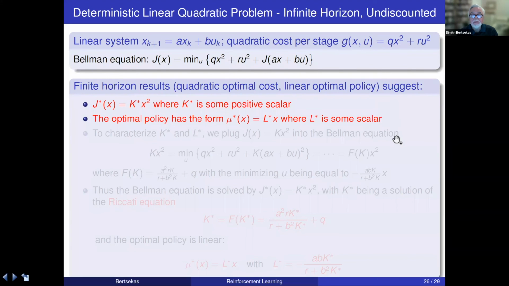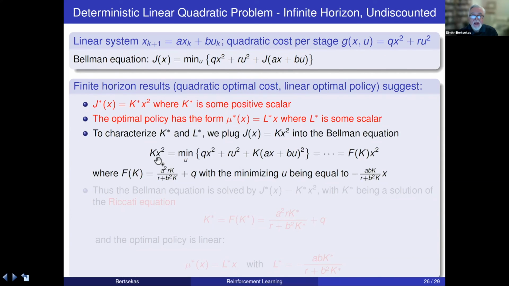And now, how do we characterize this K*? Well, we plug into the Bellman equation. Now here's the Bellman equation for J(x) being the generic quadratic K x^2, where K is any positive scalar. So we restrict attention to quadratic functions and we write the Bellman equation. Now this Bellman equation has the favorable structure that we witnessed in the finite horizon case.